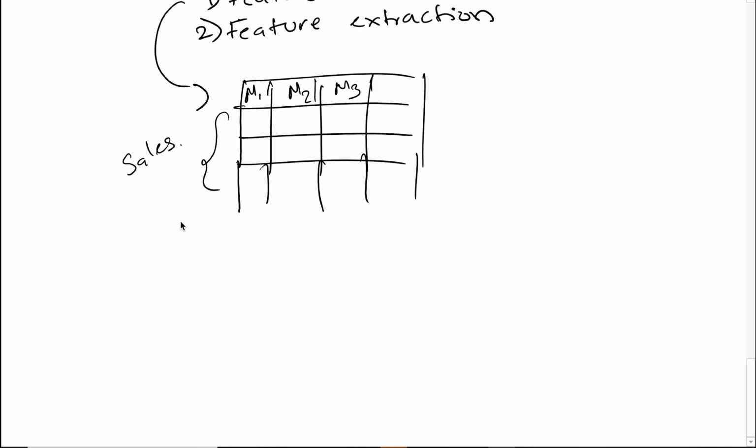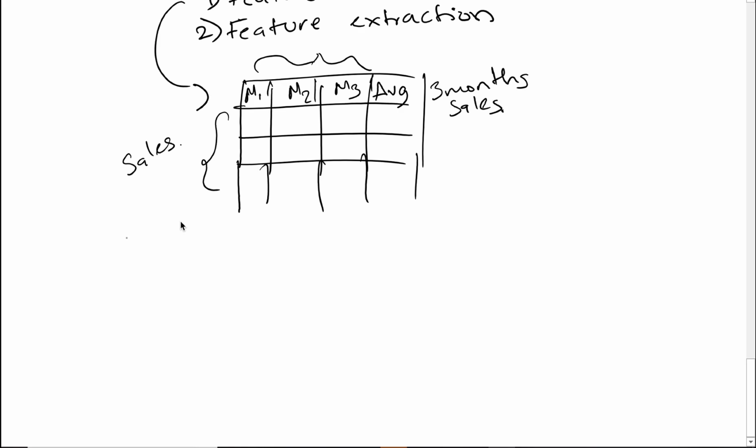How can we create another variable which could give a better indication of these three variables? Maybe we can create a variable that calculates the average of 3 months' sales.